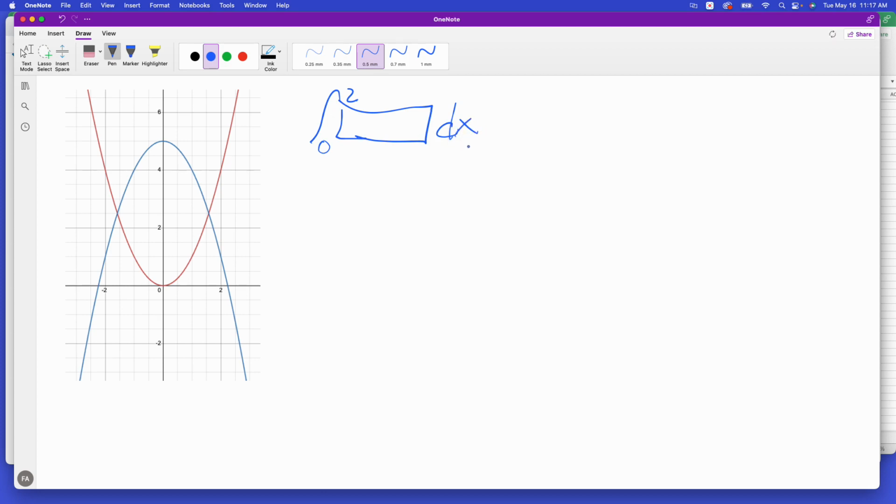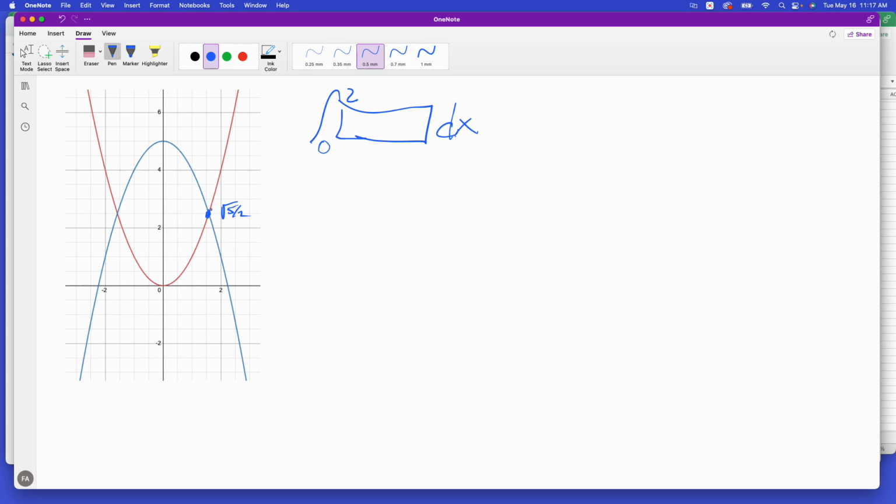dx, right? Now the problem we run into in that particular instance is what's happening right here. We've already found that this value is square root of 5 over 2, so we don't have to do that refiguring, but again we just set the equations equal to each other. The problem is that right here it switches. So from 0 to that spot, the blue curve is on top.